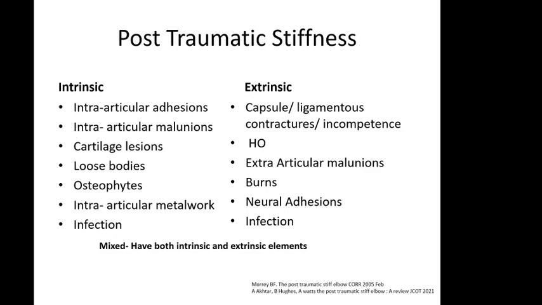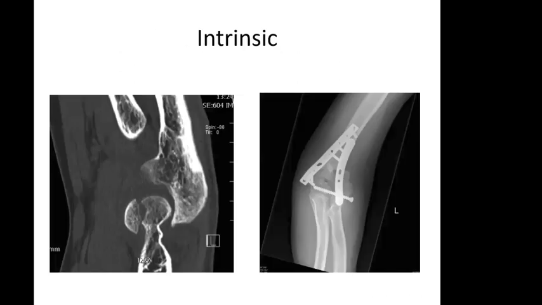The most common extrinsic causes of stiffness include capsular and ligamentous contracture, heterotopic ossification, extra-articular malunions, and neural adhesions.